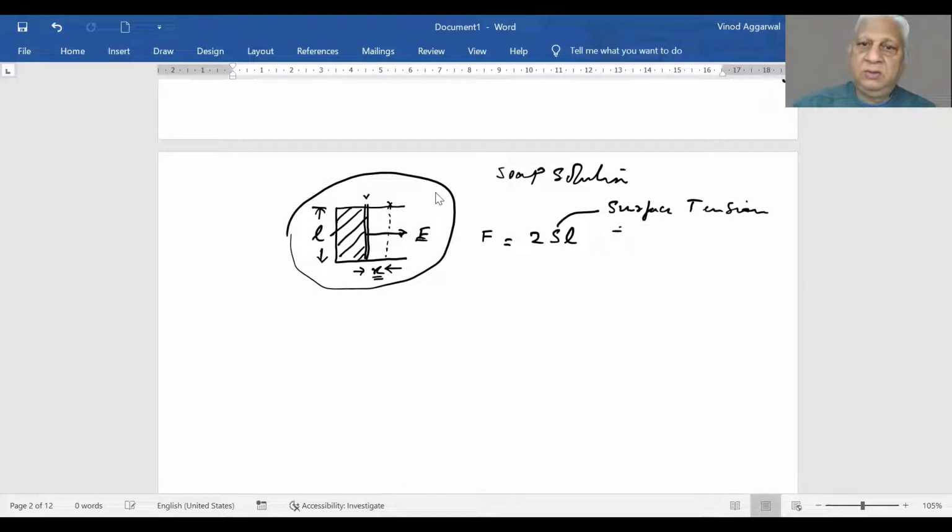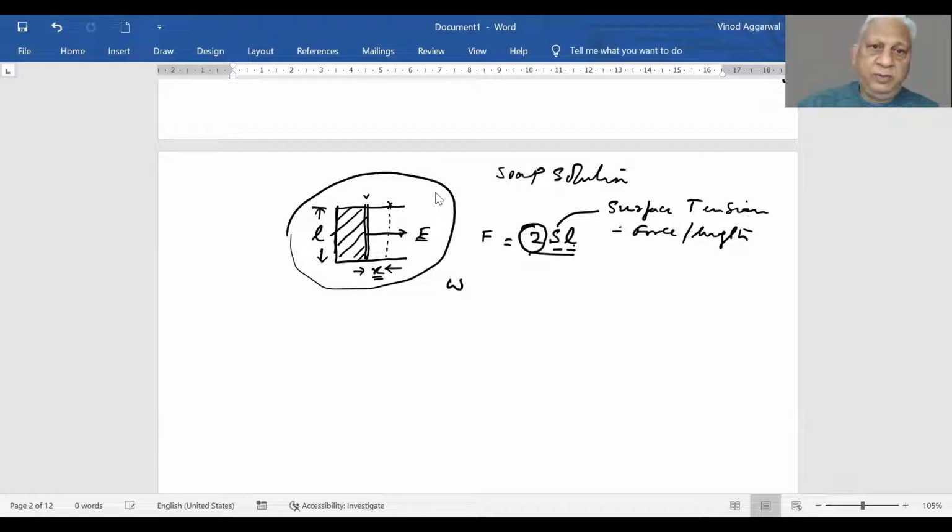It is measured as force per unit length. Since the length is L, it is multiplied by L: surface tension per unit length into the length. Now, why this 2? Because there are two surfaces created, one in the front and one at the back. So there are two free surfaces, and that is why this force becomes twice as much.